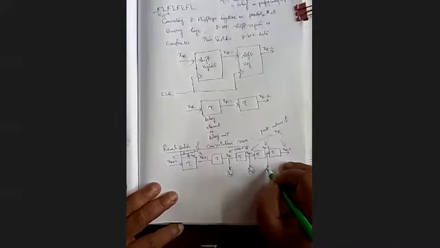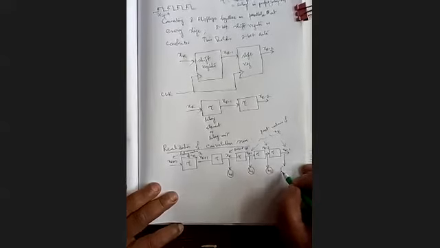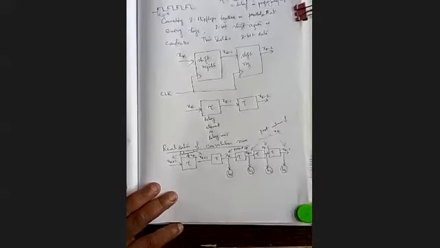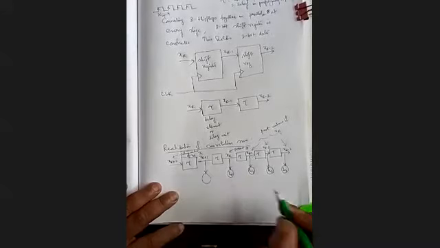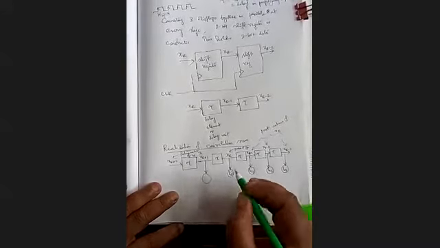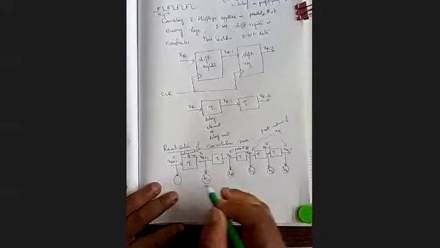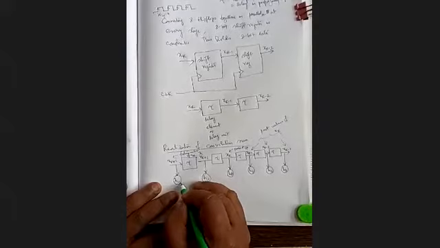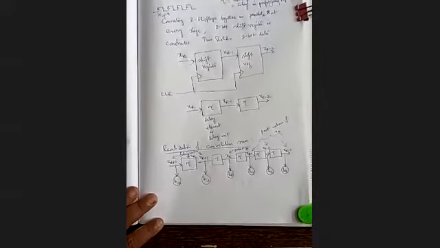XK minus 2 will be multiplied with h2. And XK minus 3 will be multiplied with h3. This will be multiplied with h minus 1, and that will be multiplied with h minus 2. And ultimately they are added.